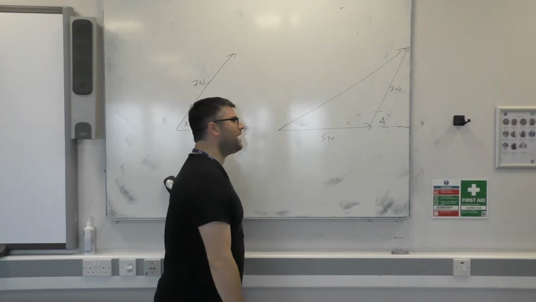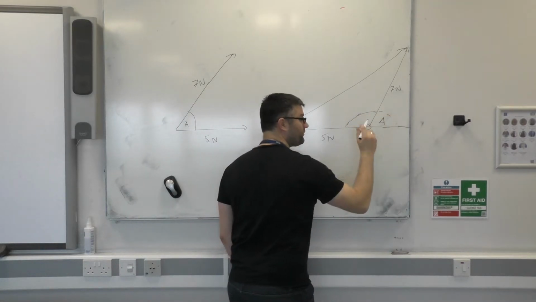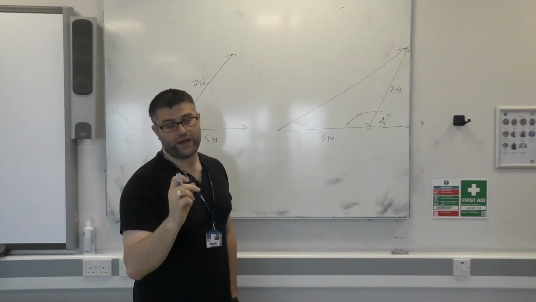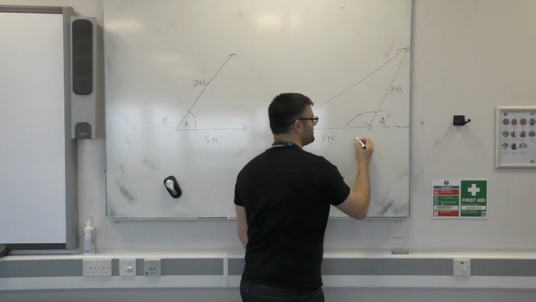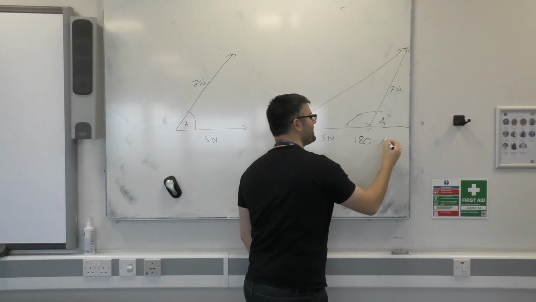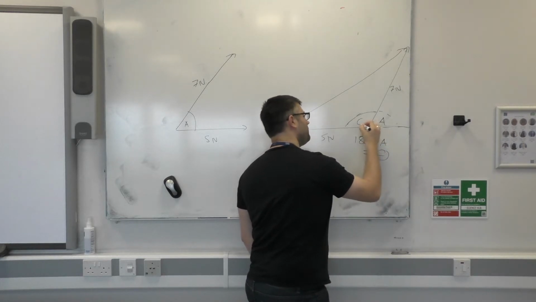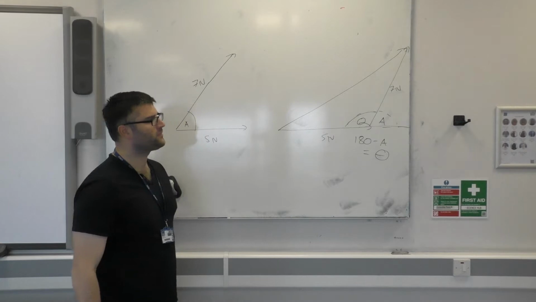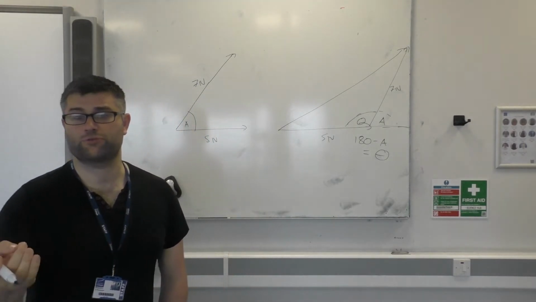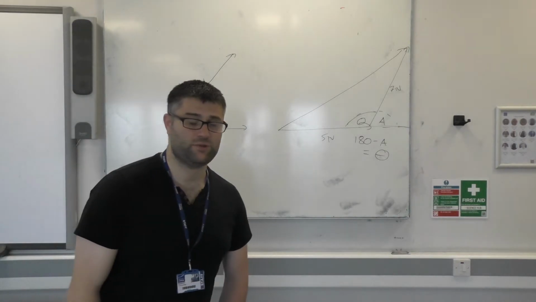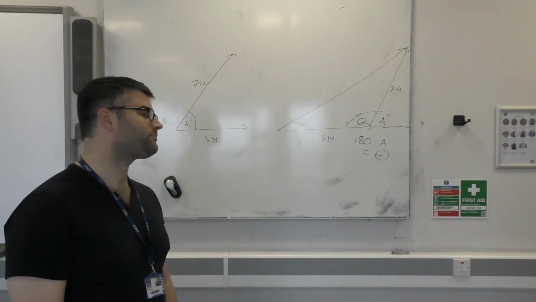And so to work out the angle that we really want for the rest of this question, we have to do 180 minus A, because obviously that's 180 degrees, so 180 minus A will equal theta, which is this theta right there. Now that's going to be really, really important because oftentimes that's a nice little extra mark that they require you to do, especially with these kinds of vector resolution.